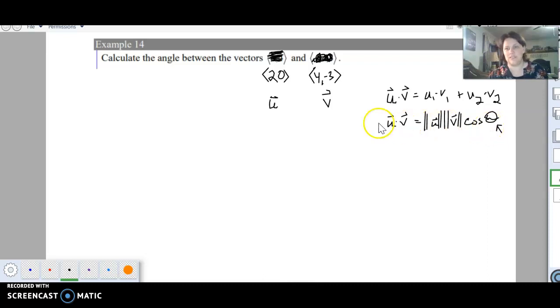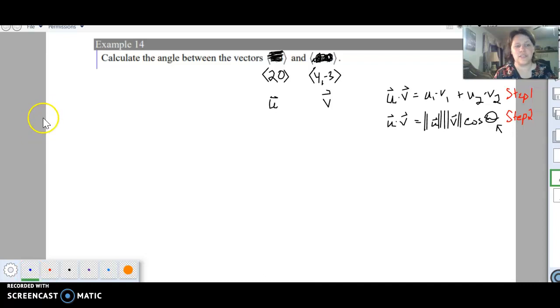So we've got a couple of steps that we need to do. Step number 1, we're going to solve using the first formula. Then step number 2, we're going to find these magnitudes and plug everything back in and solve for theta. It's kind of 2 steps in one there, but yeah, we'll be good.